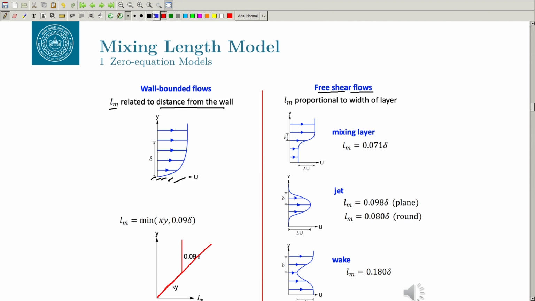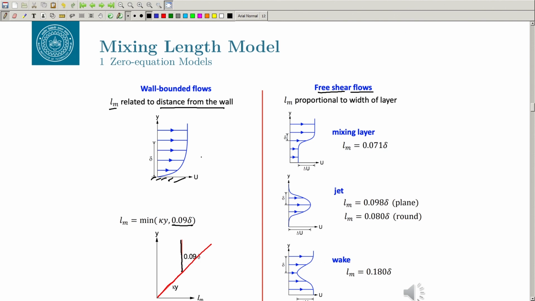But if you use this argument of the Cebeci-Smith, then it will get limited here. So, this will be the minimum of either kappa y or 0.09 delta. So, you get the mixing length limited, so it does not arbitrarily increase when you go away from the wall. For the free shear flows, the argument was that instead of having the boundary layer, which is not there in the free shear flow, you can have some kind of width.